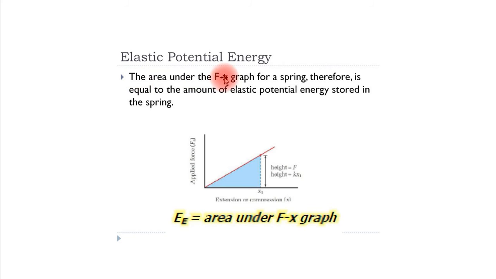The area under the F-x graph for a spring is therefore equal to the elastic potential energy stored in the spring. F into x, force into distance, is work done, and the total work done from 0 to x is the area under the graph, half kx square.